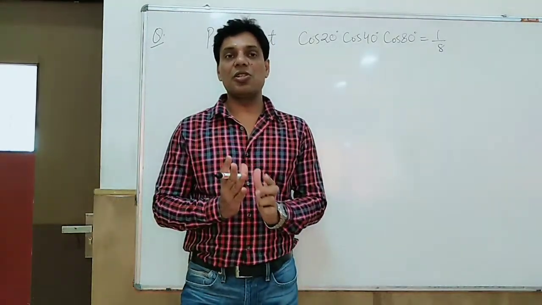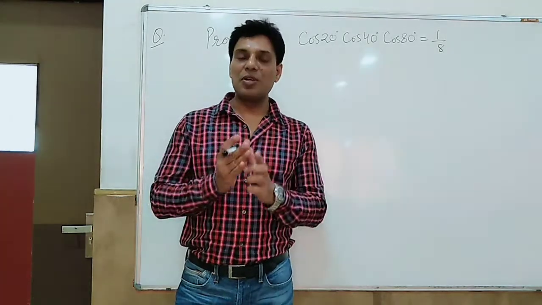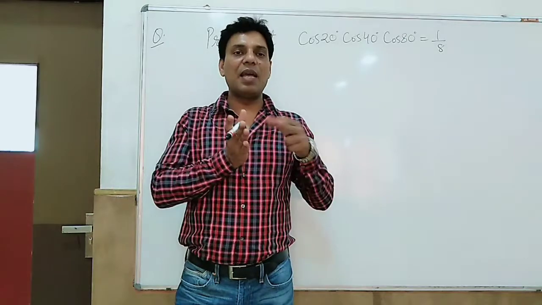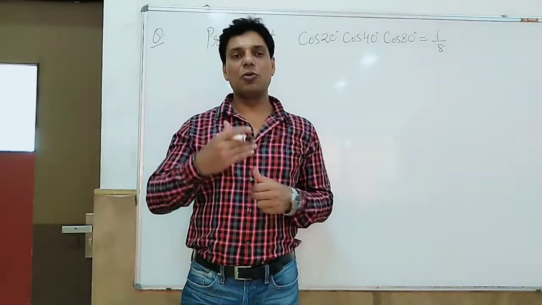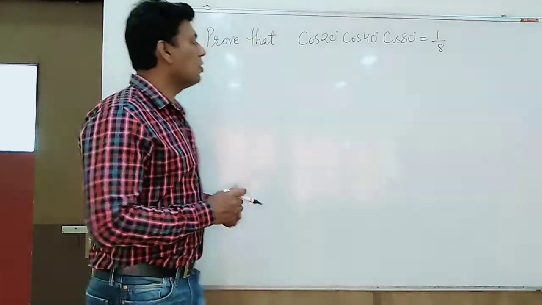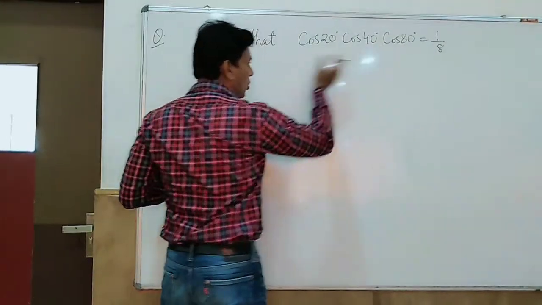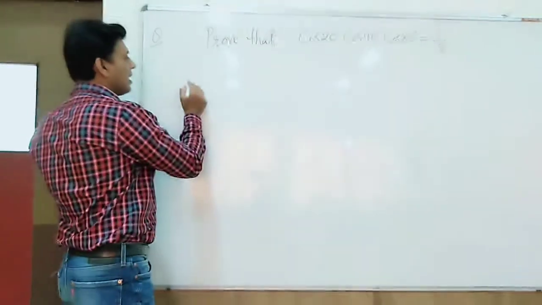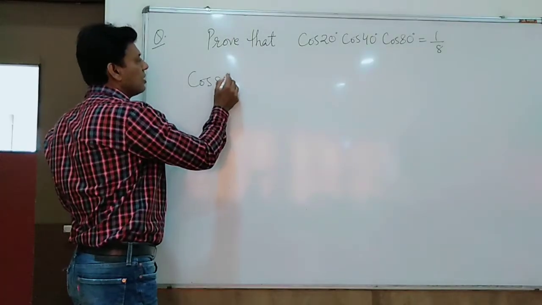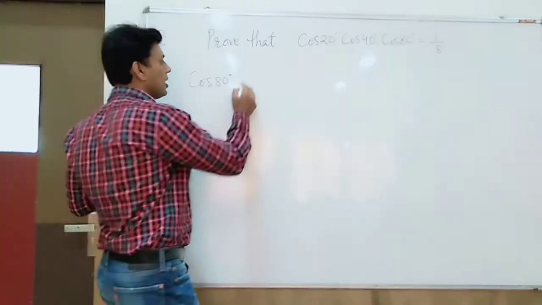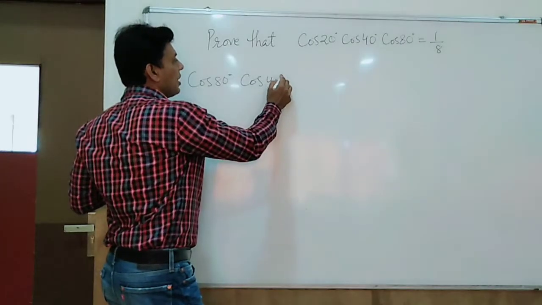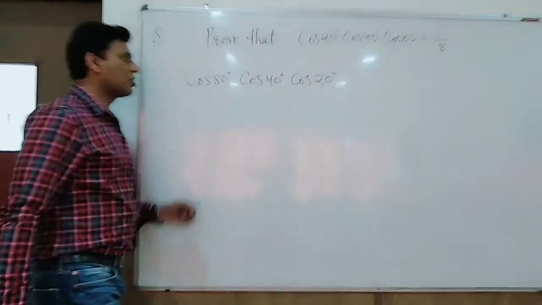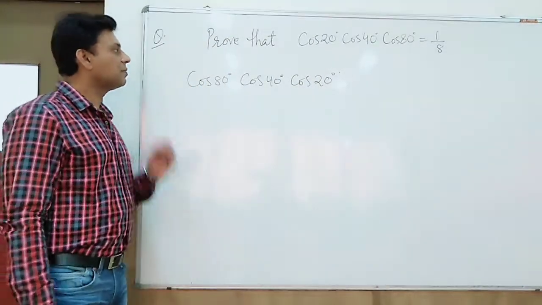While solving such questions, I will recommend you to put the angles in decreasing order so that when you subtract A minus B, you will not have to deal with the negative sign. The question can be solved in other ways also, but I will recommend you write like this: cos 80 degree, then cos 40 degree, then cos 20 degree. So this is your question.